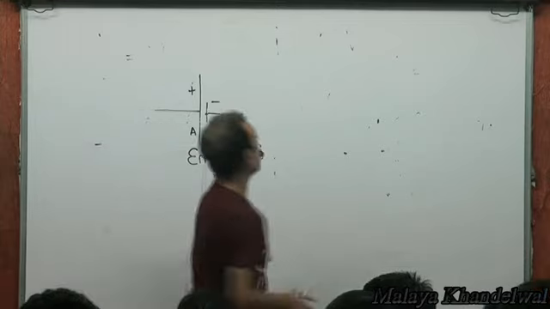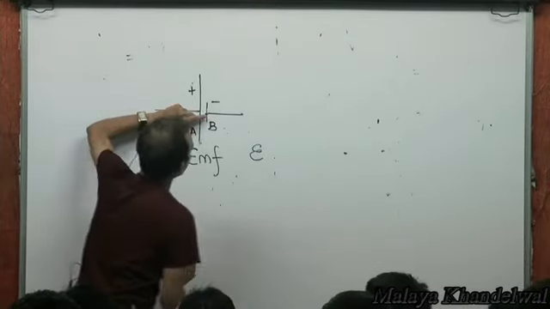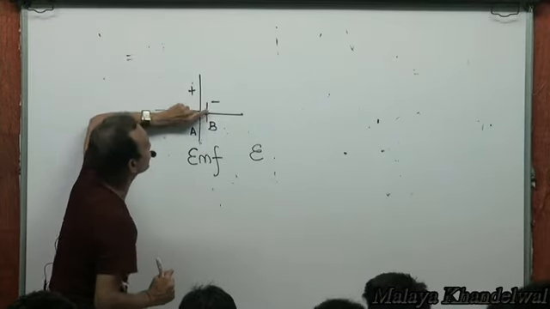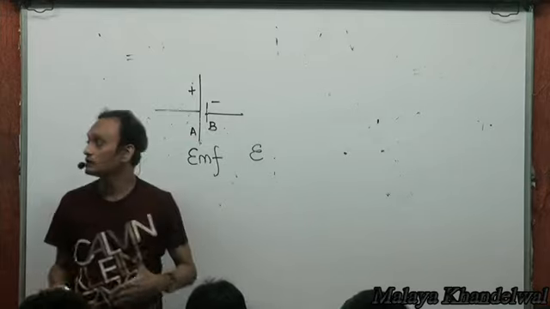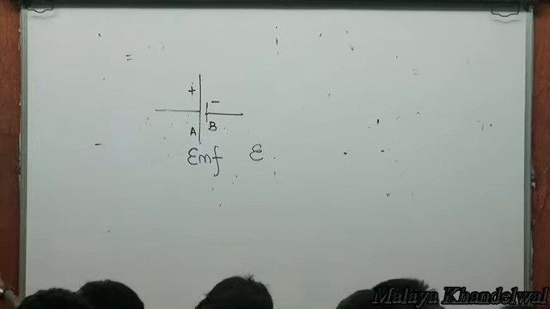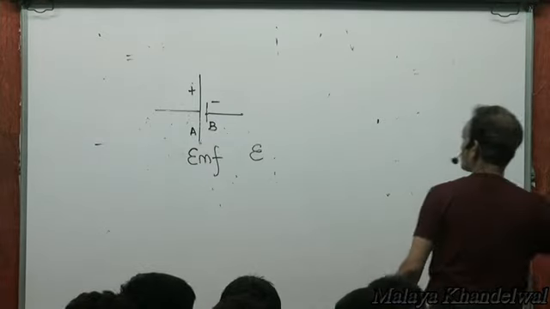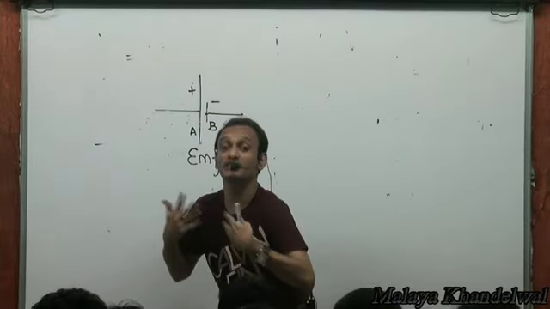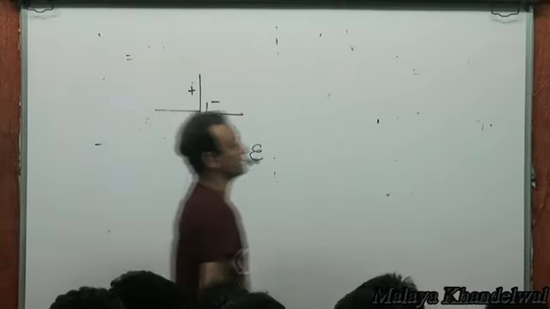Now, what happens if there is current? What really happens is, when current flows from B to A, when charges flow from B to A, this mechanism offers some resistance, which is called the internal resistance of the cell.